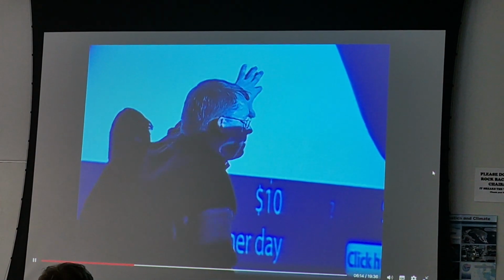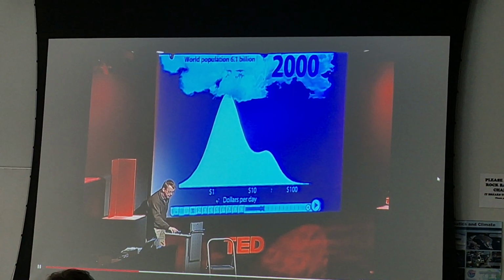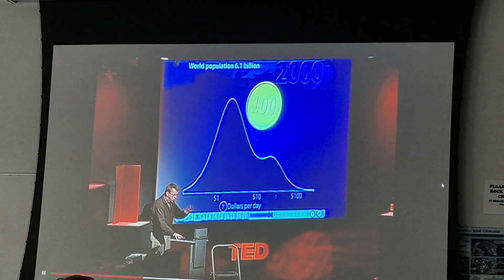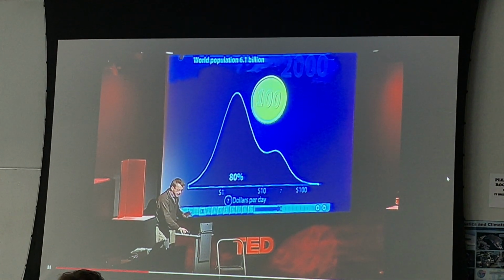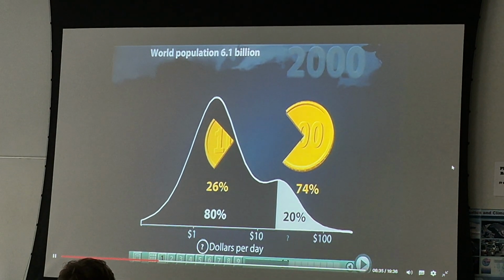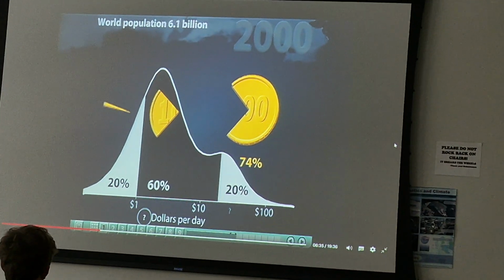There's a little hump here, but there are people all the way. And if we look where the income ends up, this is 100% of the world's annual income, and the richest 20%, they take out of that about 74%, and the poorest 20%, they take about 2%.